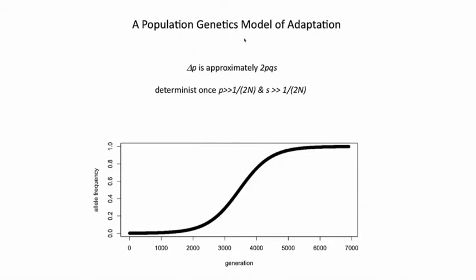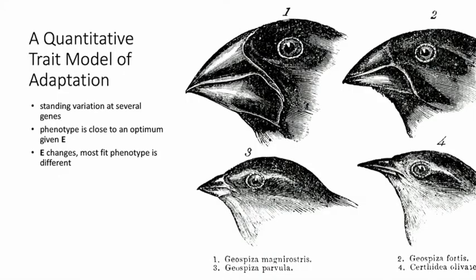So basically under the standard model, a new mutation has to drift up to a high enough frequency that selection can see it, and then it sits around close to fixation until drift gets it the rest of the way. Right, so that's one of the dirty little secrets of population genetics and finite population sizes.